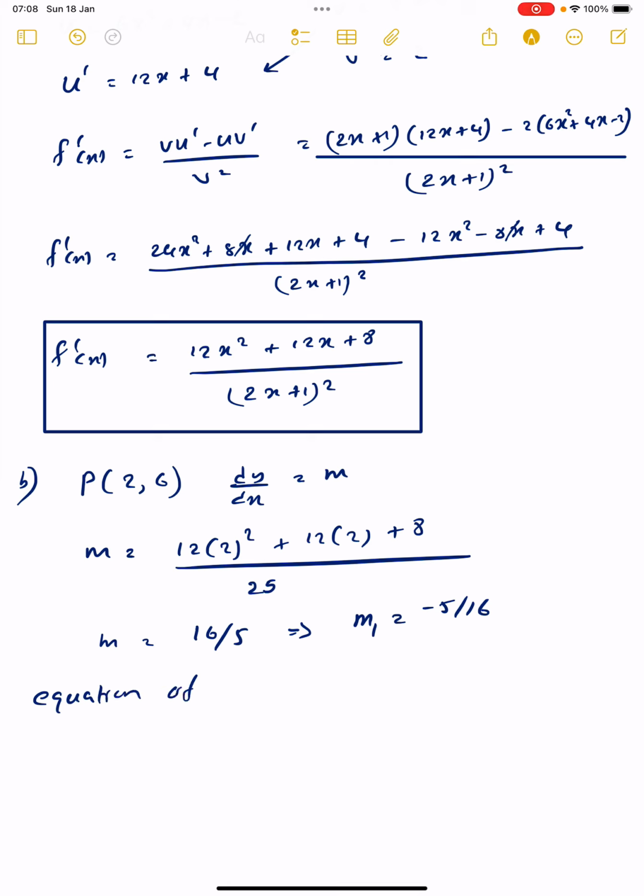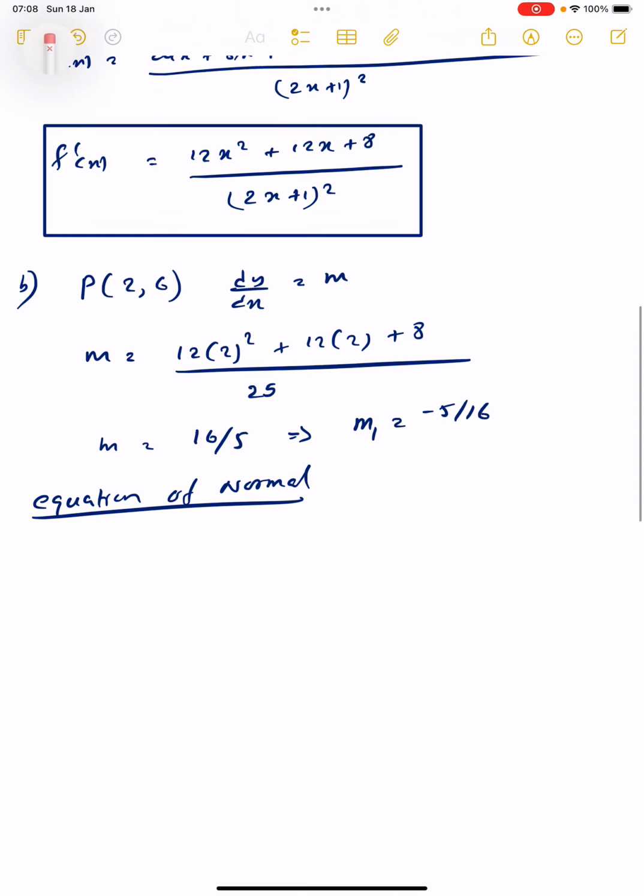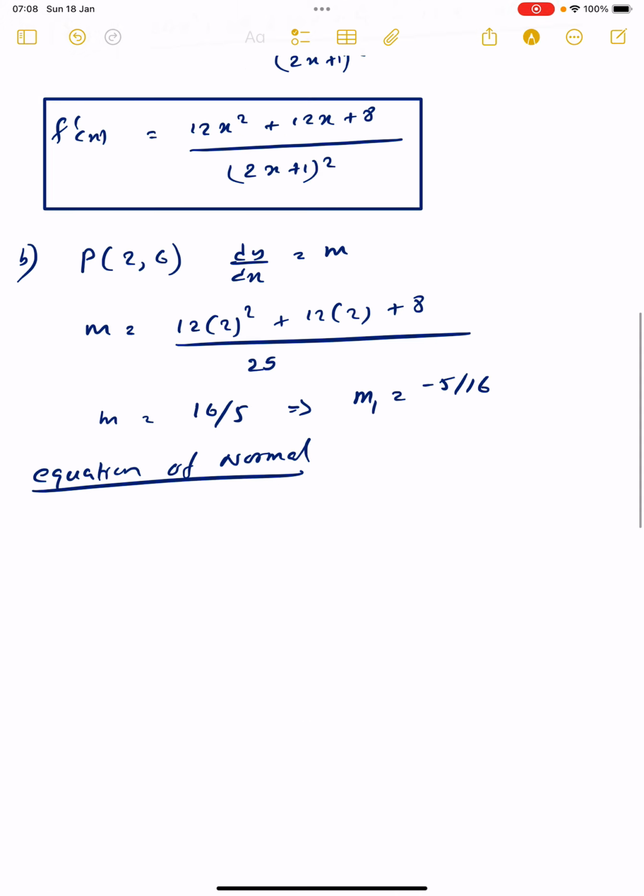Now, the equation of the normal we can find using the formula y − y1 equals m1 times (x − x1). So y − 6 equals minus 5 over 16 times (x − 2).